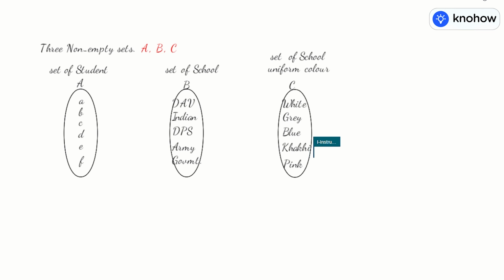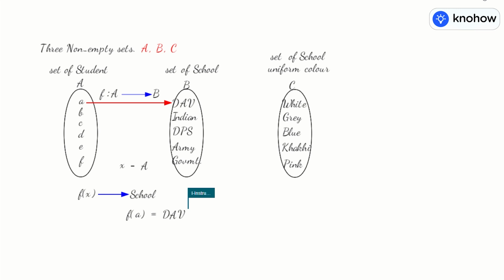And now I define a function f from set A to B where f(x) is defined as the school. If x is a student, x belongs to set A, then f(x) denotes or associates the school name. For example, if a studies in DAV school, then f(a) is DAV.